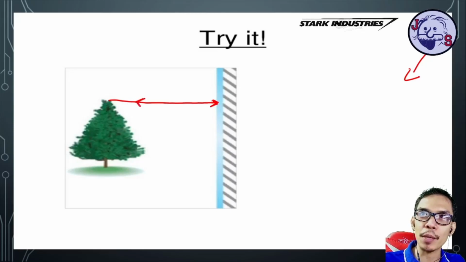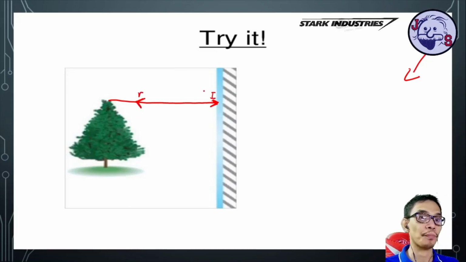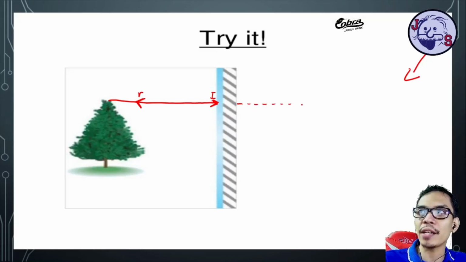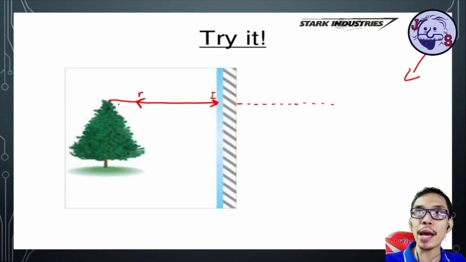I can put an arrowhead here to symbolize the reflected ray. So this is the reflected and this is the incident. I can continue that reflected ray behind the mirror. When you have your ruler, you can measure this line, and that's the length that you will have on the other side.